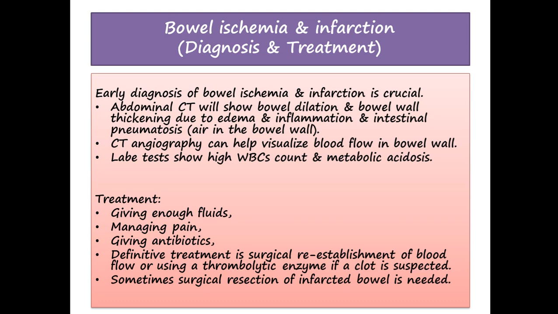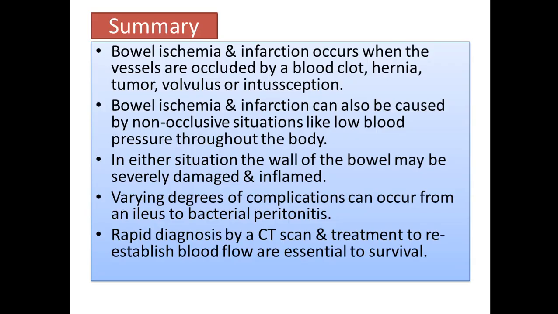And sometimes, if we consider that there is some sort of thrombotic occlusion, we may use thrombolytic enzymes, if we suspect that there is a thrombotic clot or embolus present in the vessels of the intestines. In more serious cases in which gangrene of the intestine occurs, surgical resection of the infarcted bowel may be needed.